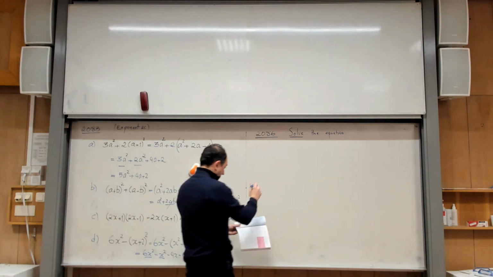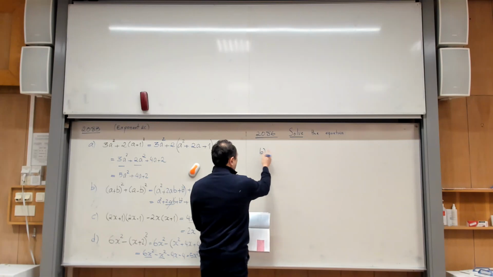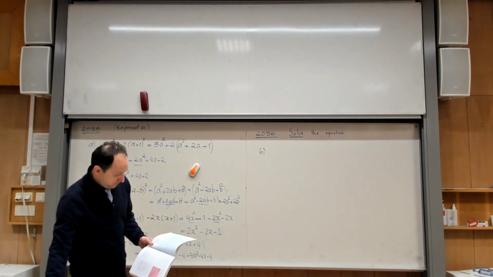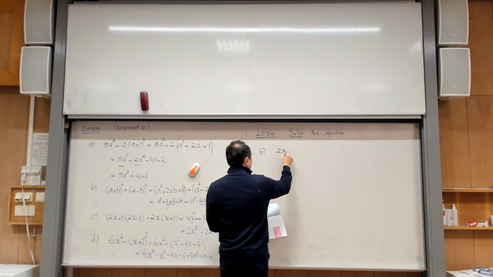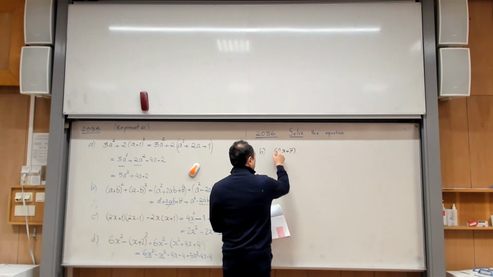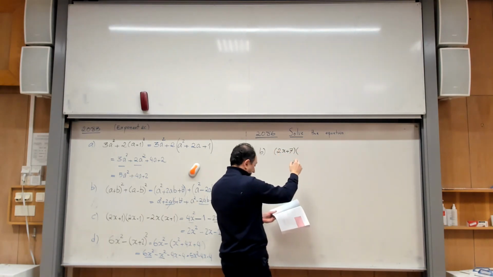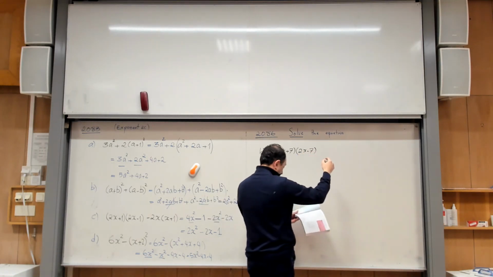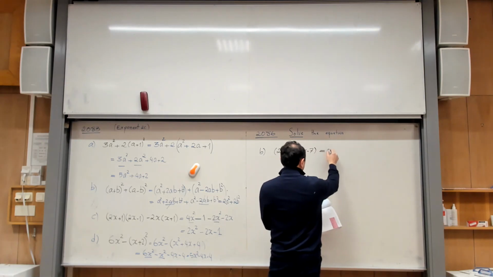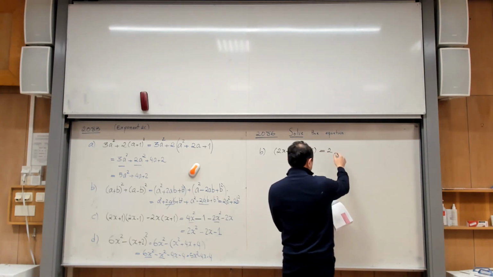Let me start with part B. I want to wait for you, okay? 2x plus 7, they are very simple, but try to use the patterns as much as possible. Don't just start multiplication. Of course it will work, but don't get used to this way of thinking.